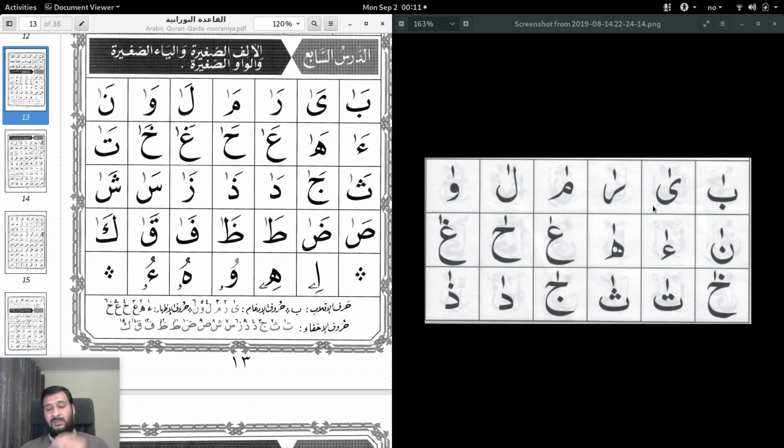Let's do stretching the kasra downwards. I start from the Middle Eastern side, which is Alif Kasrah Ya Sagheera. You see this small ya here? Alif Kasrah Ya Sagheera, E. Ha Kasrah Ya Sagheera, He.